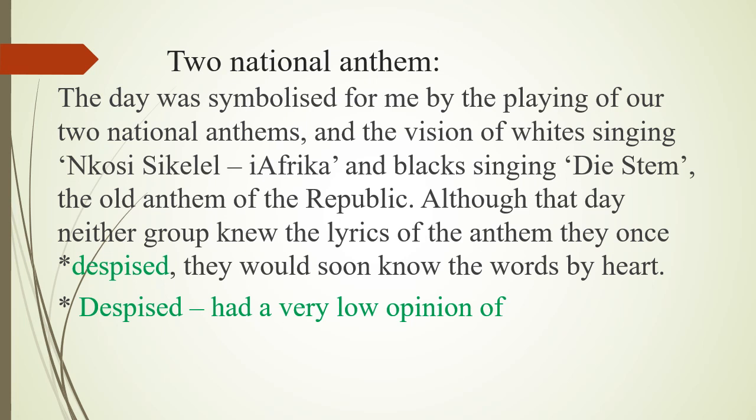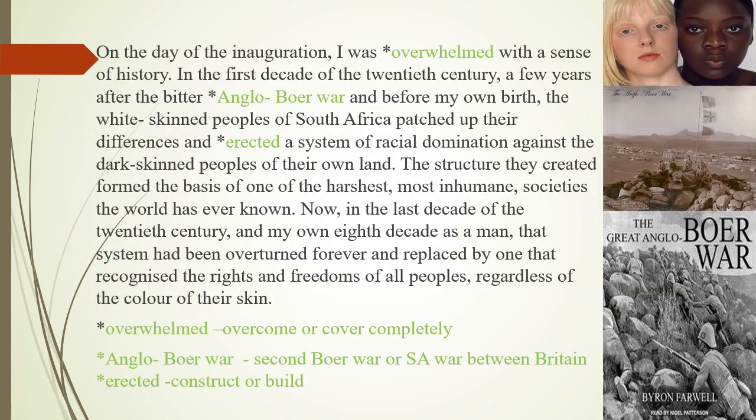These two national anthems show that there were two communities, two races of people, in that program. Though they did not know the meaning of the lyrics of the anthem, slowly they would come to know the words and what they represent. At that time they would be able to take them to heart.